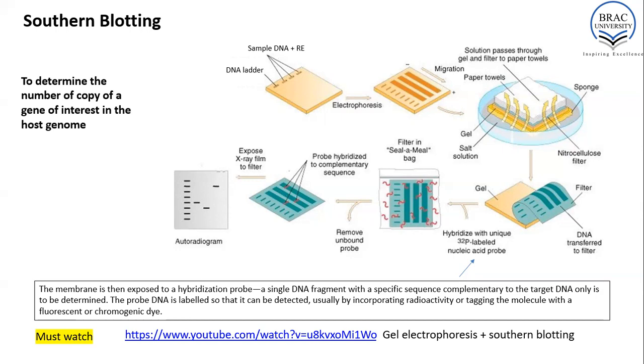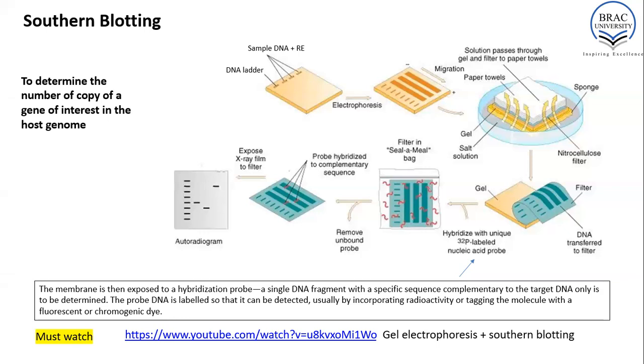So in Southern blotting, what is done is that you transform your plasmid with the expected gene, and then you extract the genomic DNA from that organism. For example, if you transform the plasmid into yeast, after selecting the yeast, either by antibiotic resistance or by growing in a specific nutrient, you select the transformant.